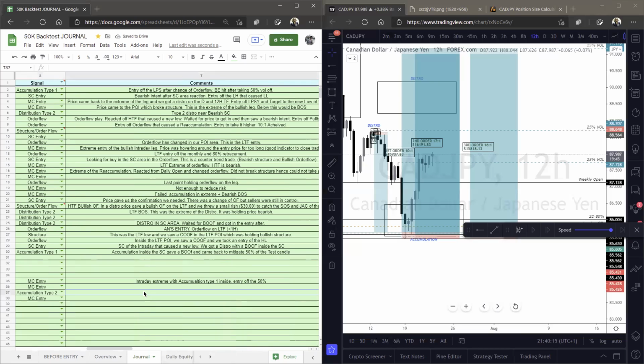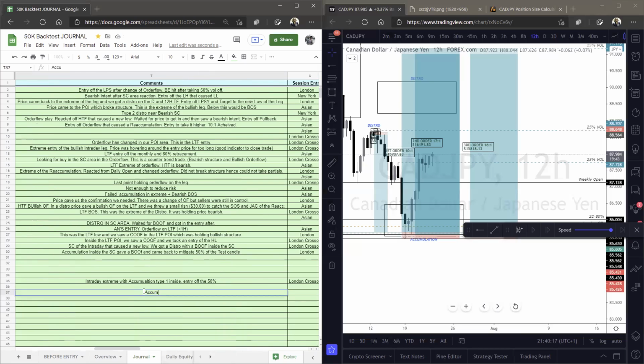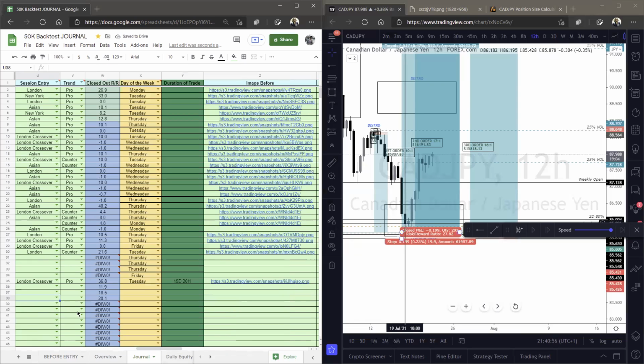And accumulation within intraday, point of interest, intraday holding, bullish structure. This happened 10 o'clock, so London.